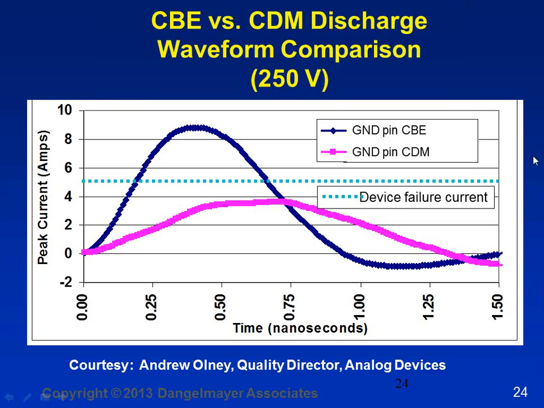So clearly the risk at the board level is more significant. And notice that we're talking only 250 volts. This is the class 0 point for devices. But for a circuit board, even 100 volts is a high risk. So later on when we talk about circuit board classifications, keep this in mind.